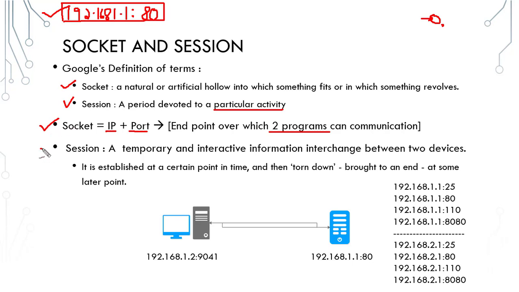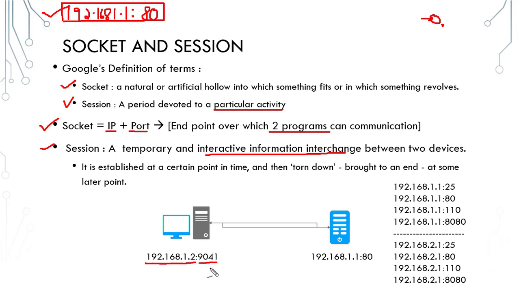Now, what is a session? Session means a temporary and interactive information interchange between two hosts. So let's understand these two things with an example. Let's understand the scenario first. Let's say this is our computer. We have this IP address, and this is our port number.